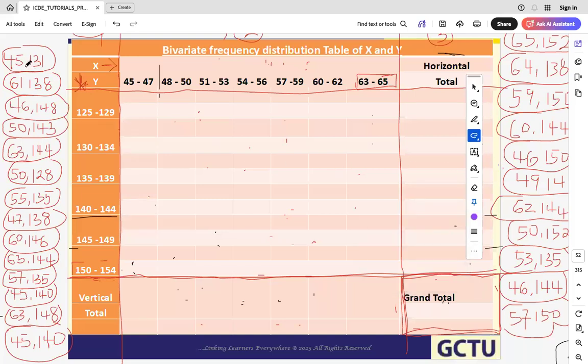So I'll start with the first one. The first one, we are supposed to tally X 45, Y 131. How do we do it? We look for X, we look for Y, where they will meet, then we tally. So X 45 is in this range. Y 131, we have to look at it from the side.